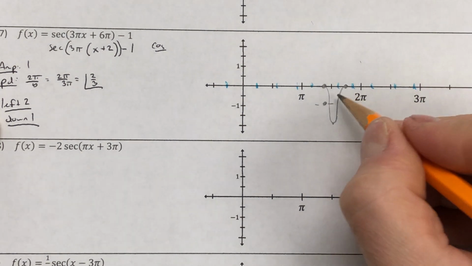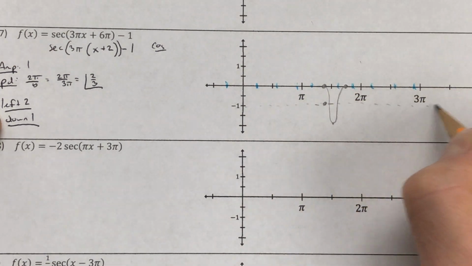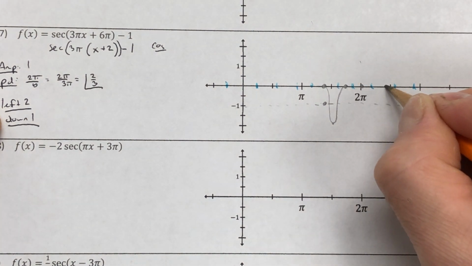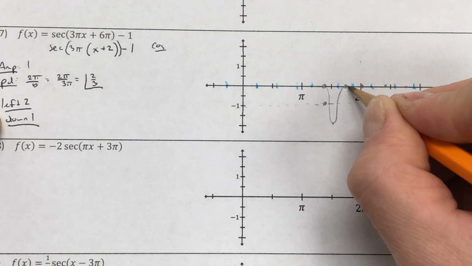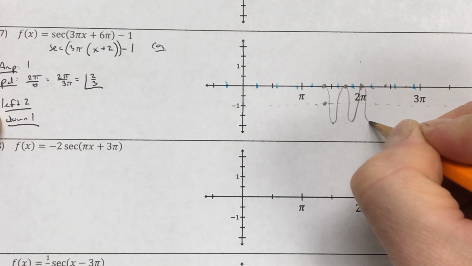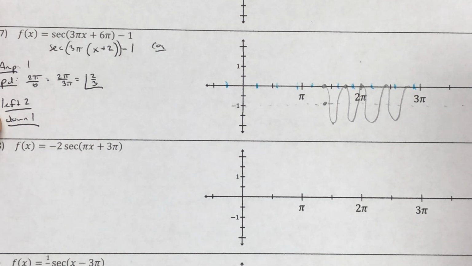Again, my midline's going right through here. So between every one of these blue tick marks, I go all the way down, all the way up, all the way down, all the way up, all the way down, all the way up. That is a horribly drawn cosine function, but we get the idea.